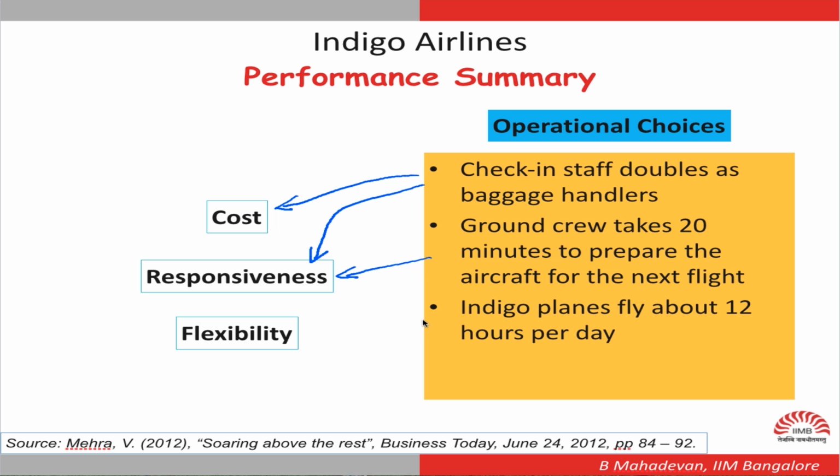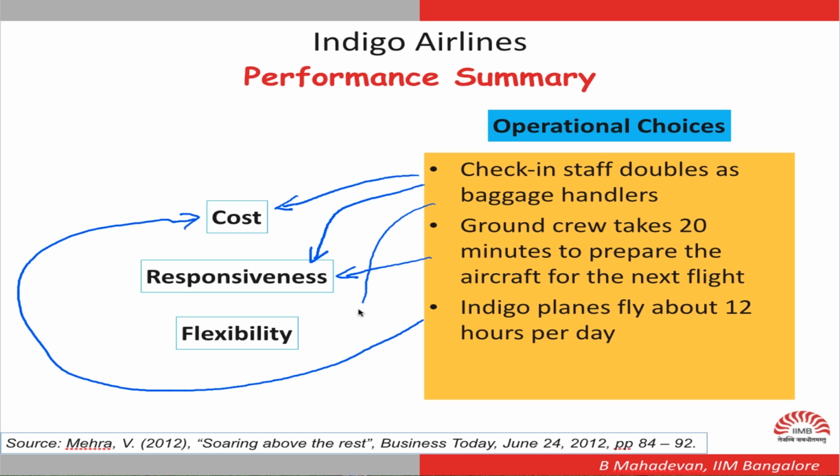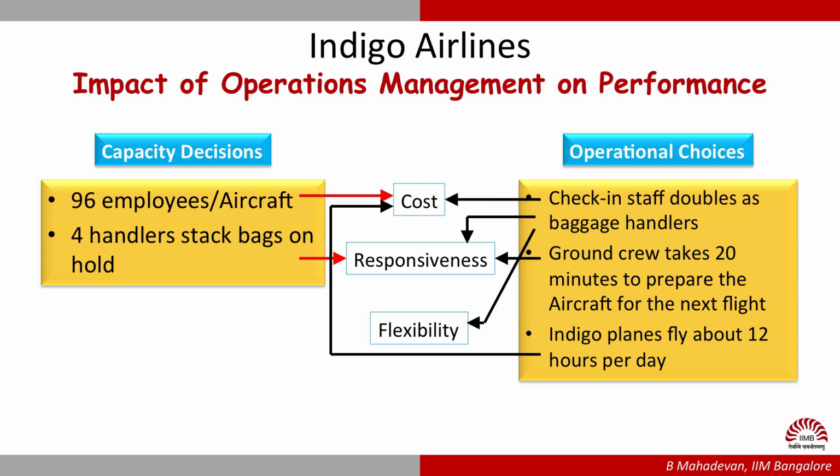So this is what we call something which can affect the cost, right? We also find that this check-in staff doubling as baggage handlers provides a certain kind of flexibility also to the system. So what we see here is some of the capacity choices, some of the operational choices can affect cost, responsiveness, flexibility, as some of the examples that we have taken.